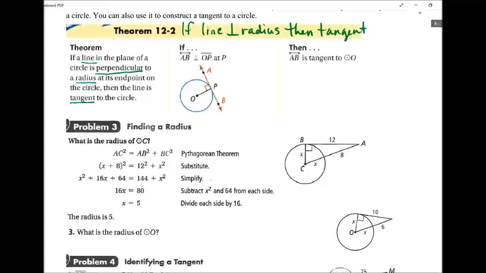Let's look at our example problem here. We want to find the radius. We are missing a radius. So I see a right triangle, but now how long is this hypotenuse? Well, we are going to add those two. So our hypotenuse is x plus 8.